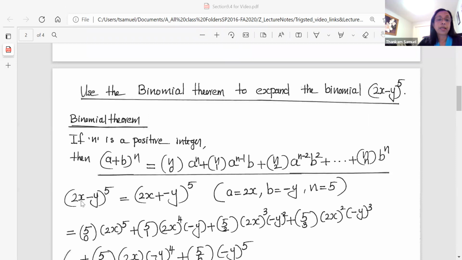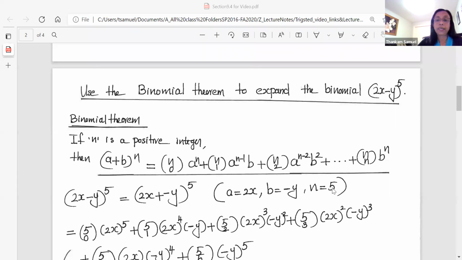We can rewrite this binomial as (2x plus negative y) to the 5th power. Comparing with the binomial theorem, instead of a we have 2x, instead of b we have negative y, and n is 5.